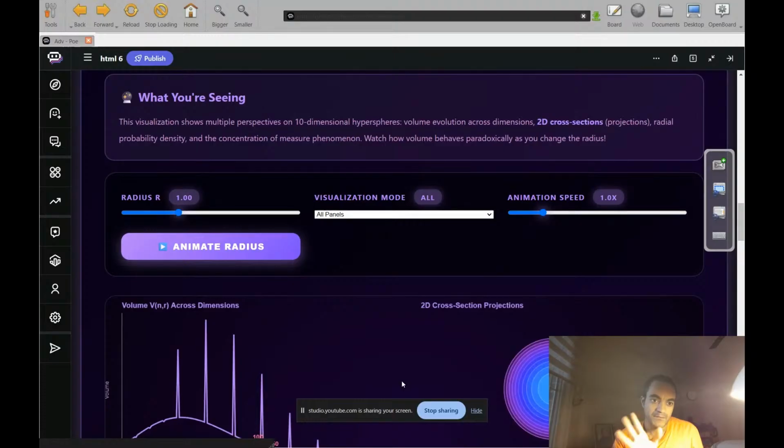As I mentioned above, our 10-dimensional hypersphere, you can see that this visualization shows multiple perspectives on it. You can see that there are multiple volumes of evolution, and you have multiple dimensions crossing the 2-dimensional cross sections.